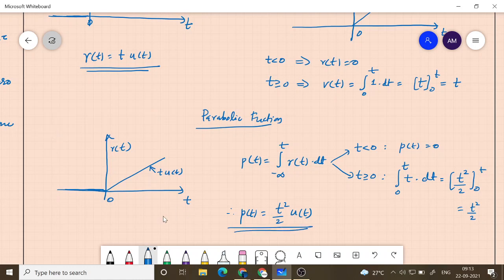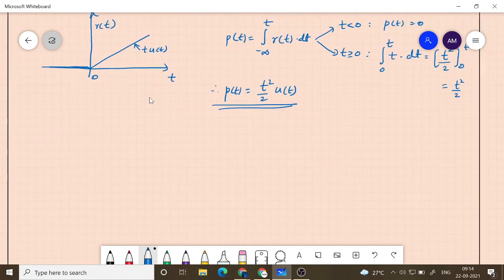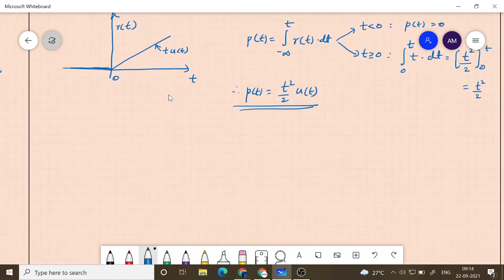So we can plot this function to see how the parabolic function looks like. So this is my t, and it goes like this.